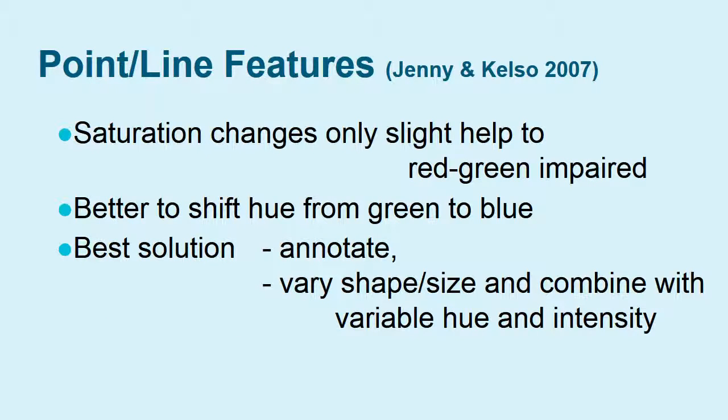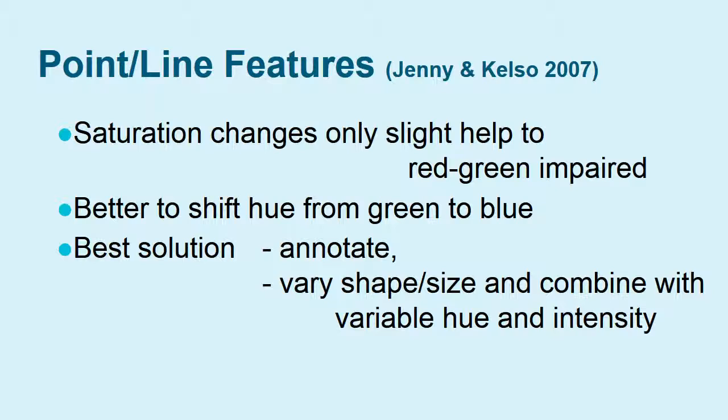Now, Jenny and Kelso directly addressed map making. And so to repeat a little bit, if we're dealing with point and line features, saturation they found really did not help. It was only a slight improvement. It does not help very much if you're talking about red and green impaired populations. However, what they found is shift away from green to blue.